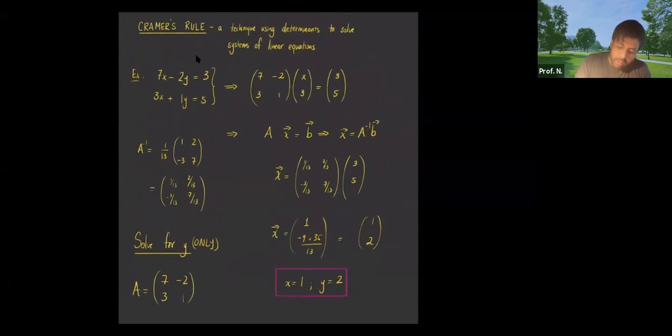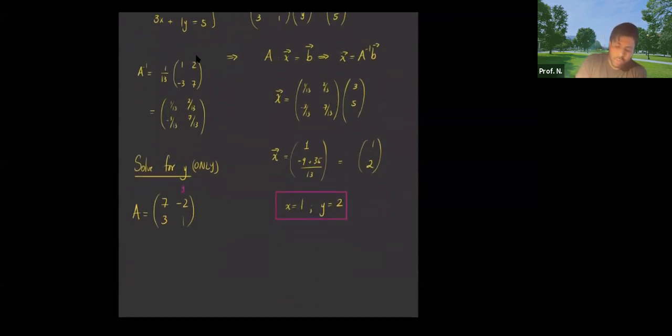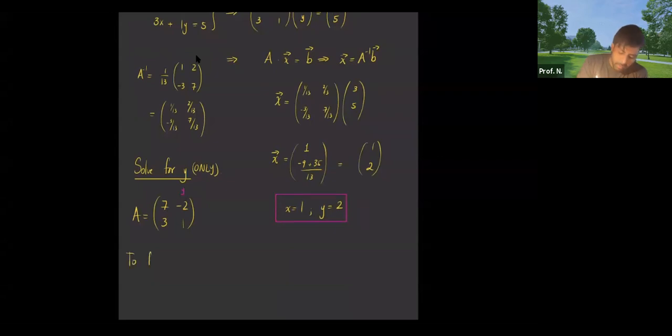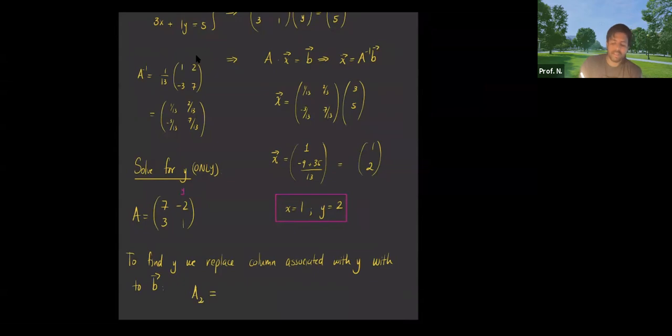Since y is associated with the second column of the matrix A, to find y we replace the column associated with y with the column vector B. I'm going to call this A2, because I replaced the second column.